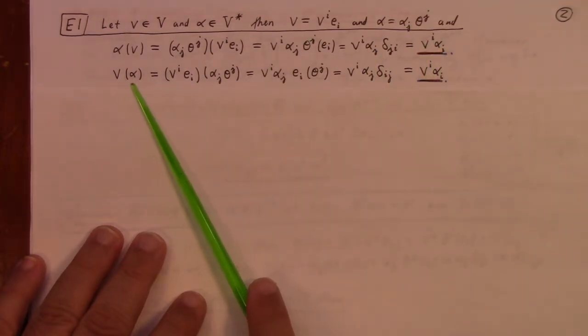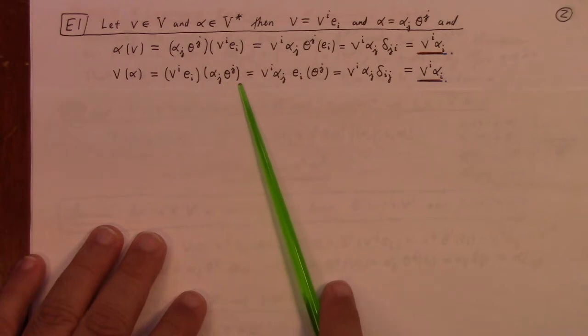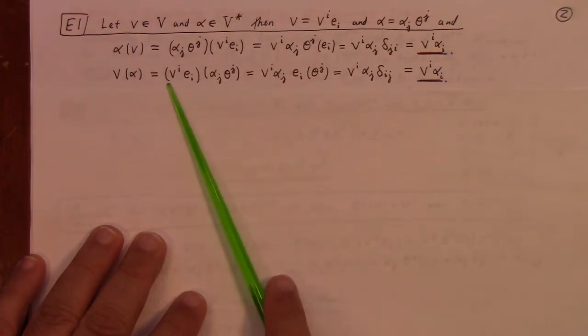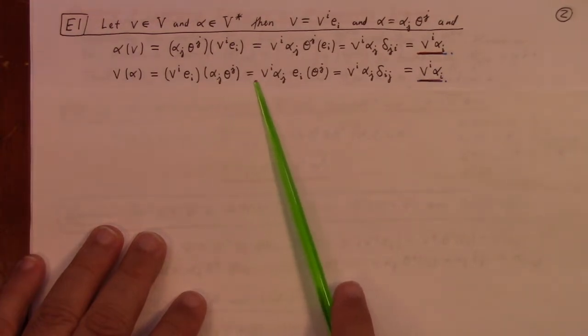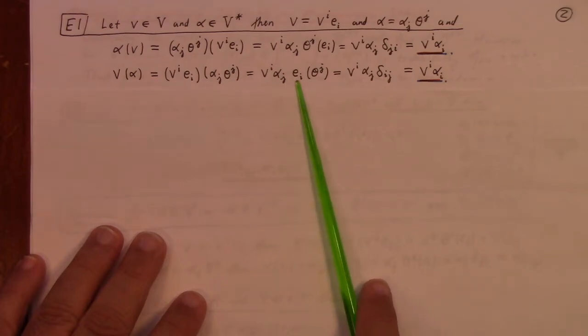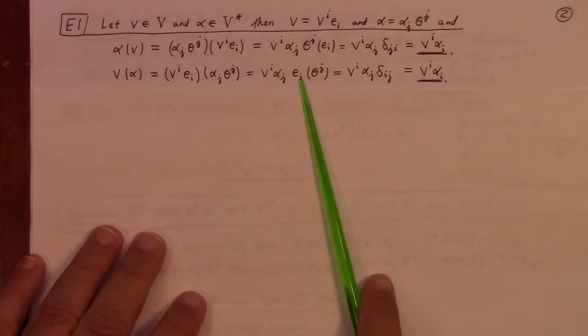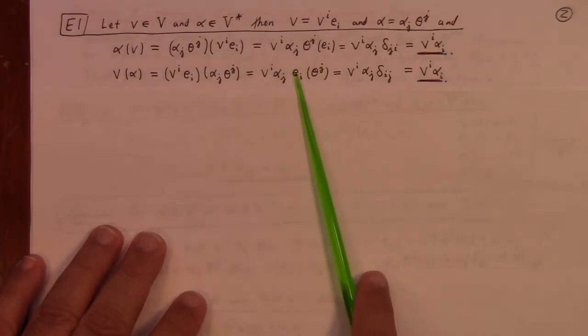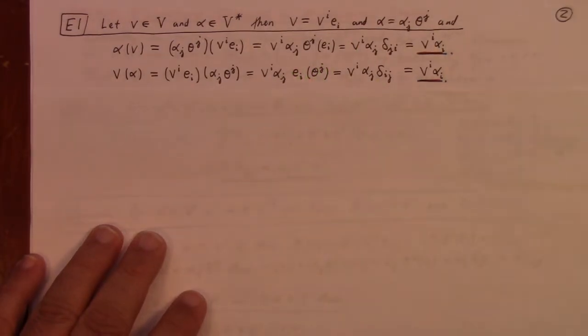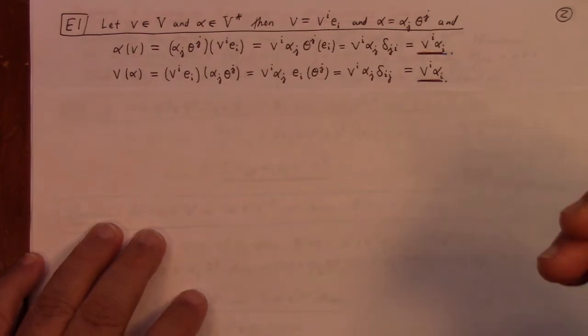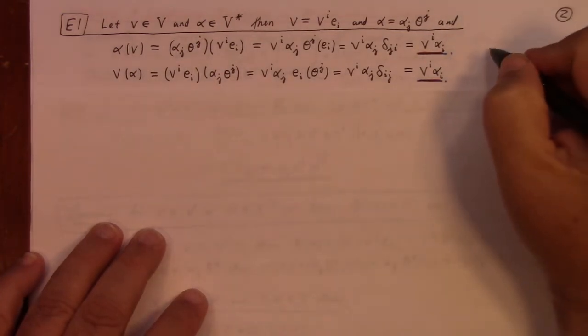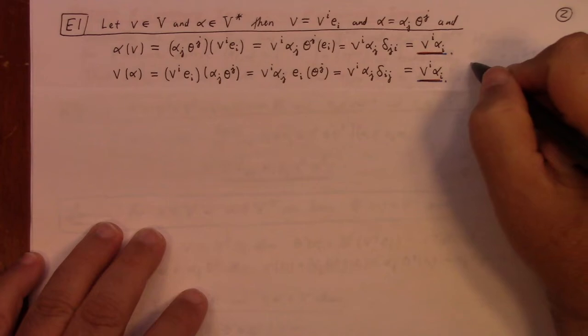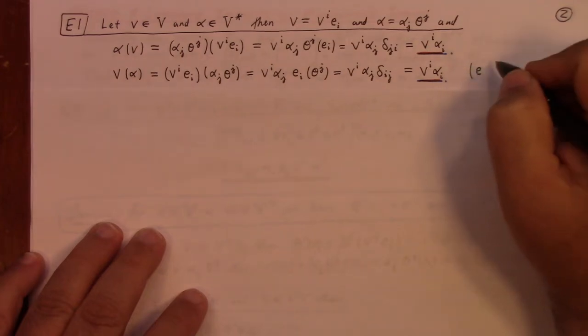And likewise, when we take v acting on alpha, we go through the calculation here, again using linearity. To be fussy here, how did I define e_i acting on theta^j? What does that mean?